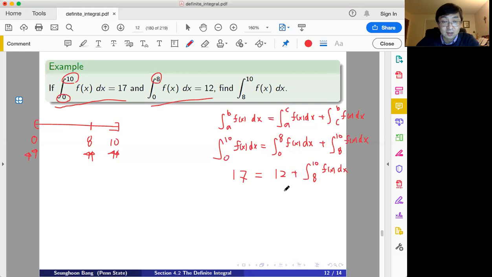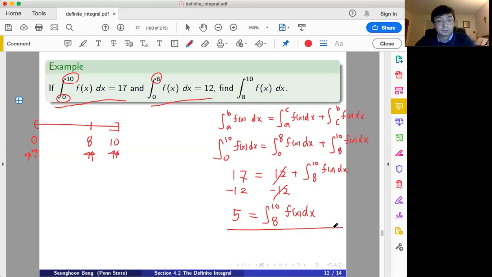You can solve this equation for the integral from 8 to 10. Subtract 12 from both sides, and we get 5 equals the integral from 8 to 10 of f of x dx. This is your final answer.